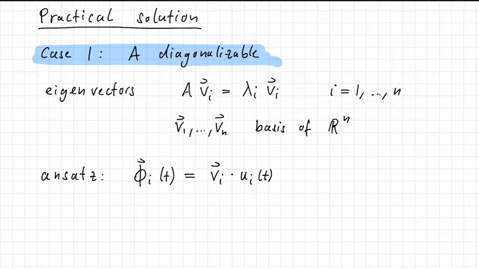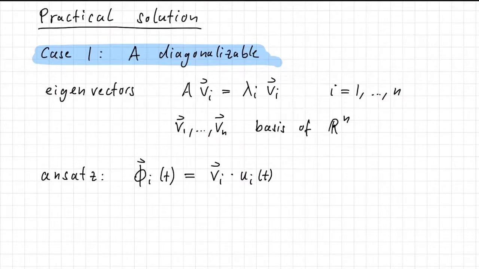The matrices that you've been looking at in quantum mechanics are always Hermitian. These are always diagonalizable, but I will later show you an example of a matrix where this is not the case, where I cannot find enough eigenvectors such that they form a basis of the n-dimensional vector space.